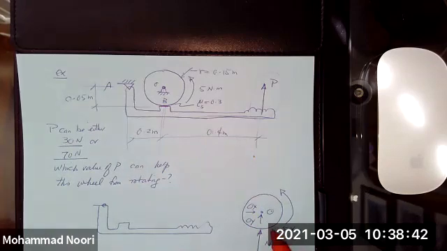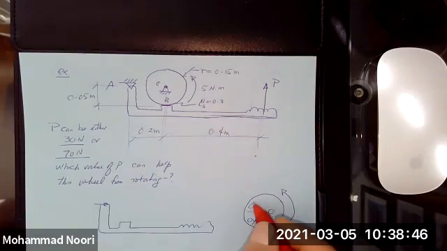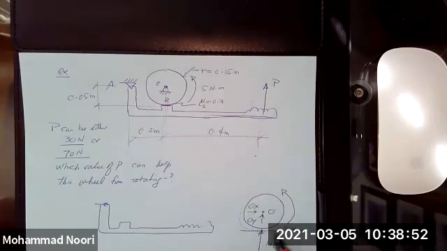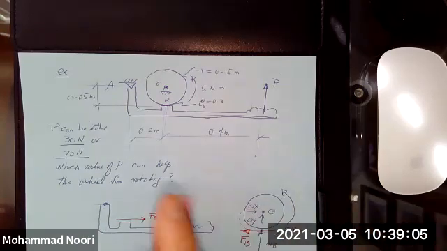You need to identify what direction that friction force goes. This disk is moving in this direction, so friction force is always the opposite of that. Remember, this is a frame problem, so friction force on this disk is in that direction, and here it would be in this direction.